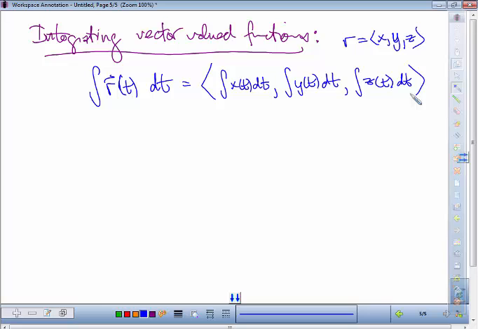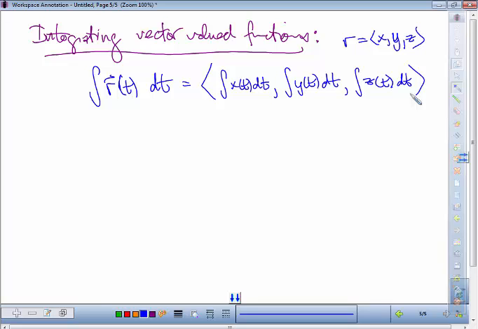Now, what kind of integral is this? I think you might have meant to say indefinite.